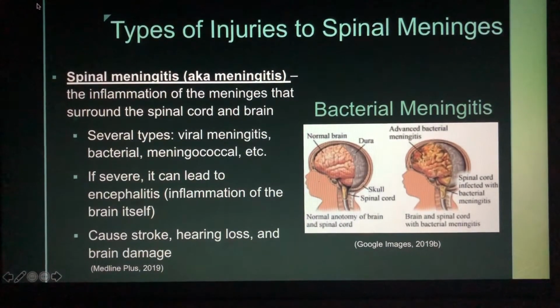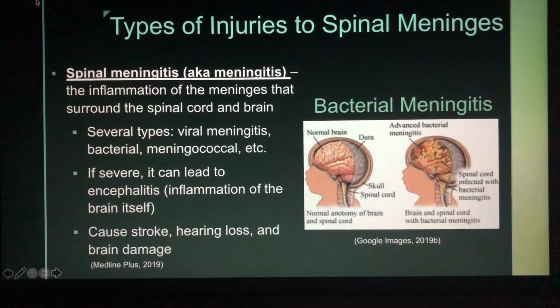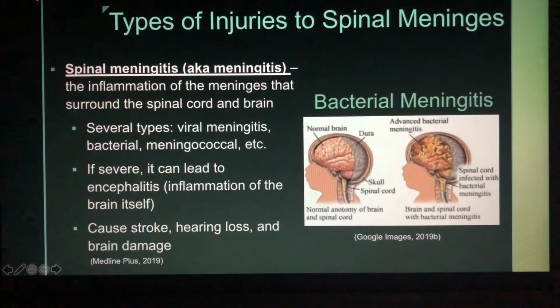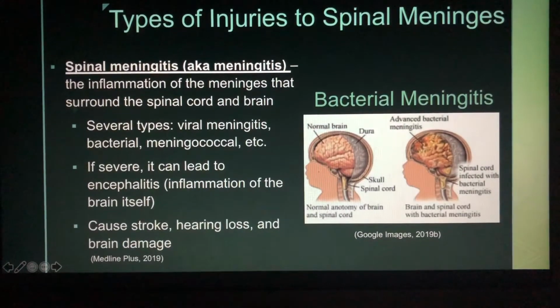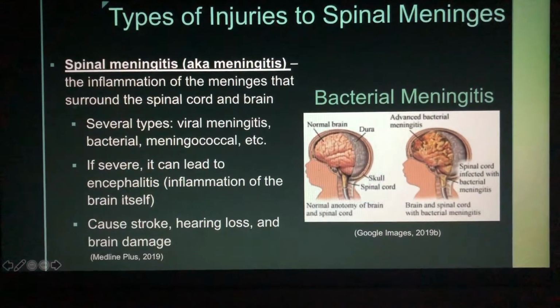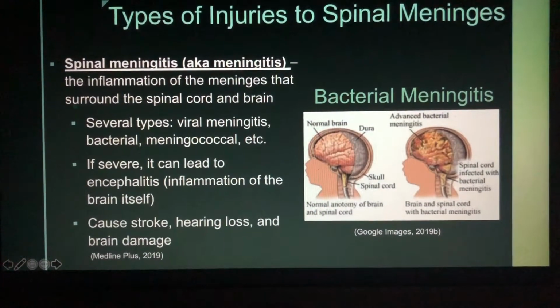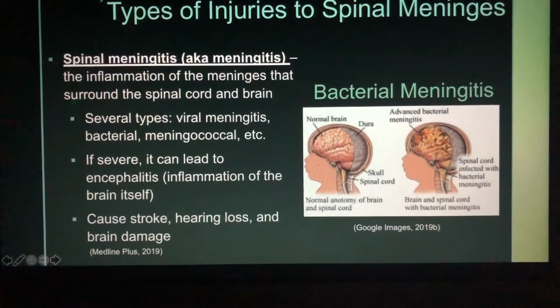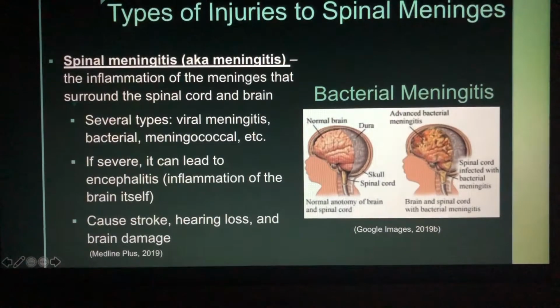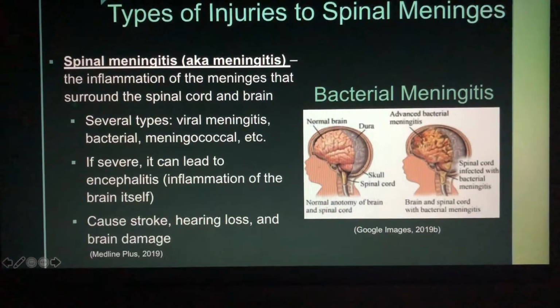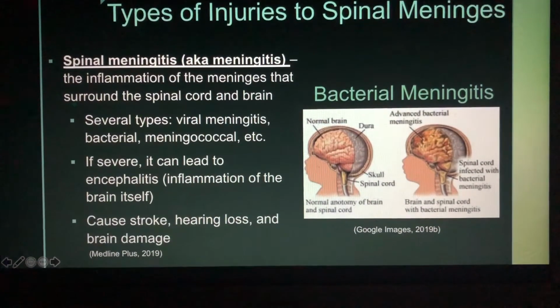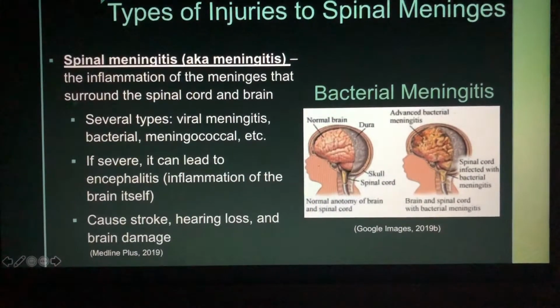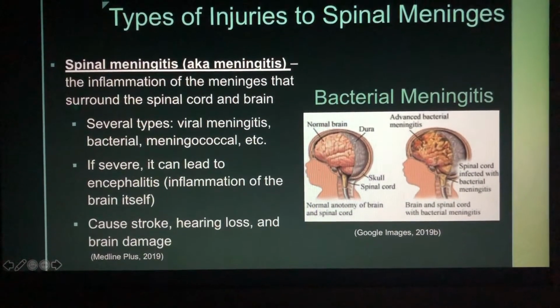There are several different types, known as viral meningitis, bacterial meningitis, and meningococcal meningitis. As seen in the picture, this is bacterial meningitis. If severe, meningitis can lead to encephalitis, which is the inflammation of the brain itself. This can cause stroke, hearing loss, and brain damage.